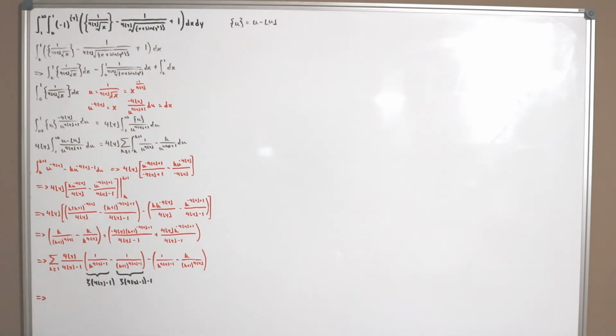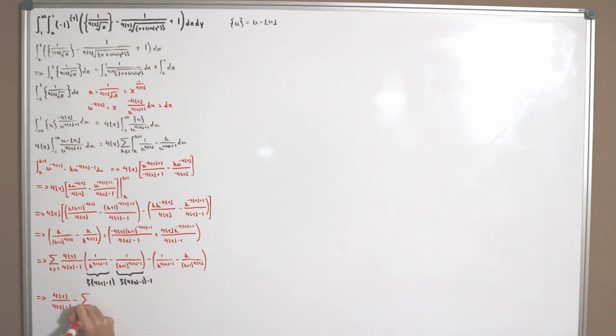So now we can write our simplified expression. Well, not yet, just for the time being. This could be rewritten as 4 times the floor of y divided by 4 floor y minus 1, and then minus our series, because we still have to deal with this here.